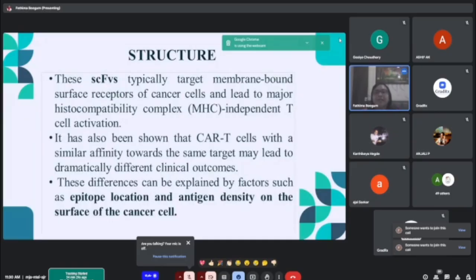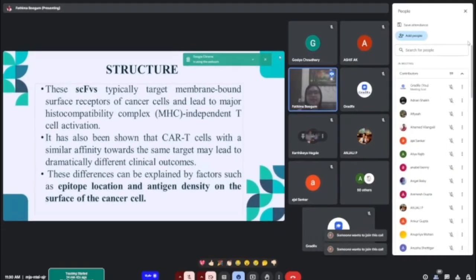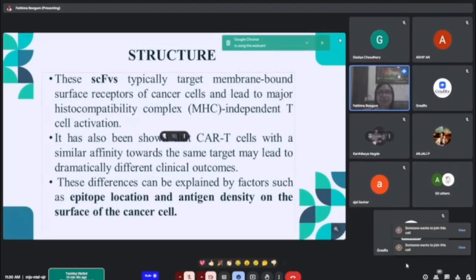So this mechanism is MHC independent cell activation. For the same target, sometimes it will show affinity differences, and that depends upon the epitope location and also the amount of antigen present on the tumor cells.